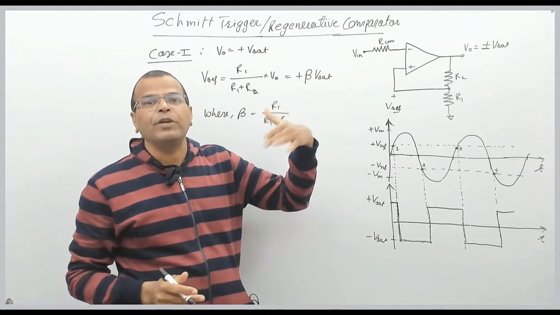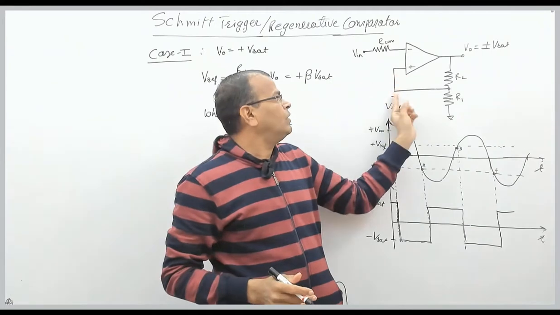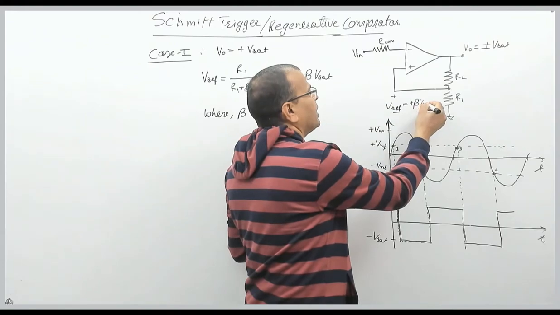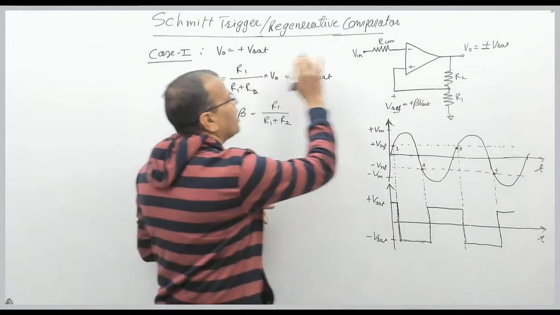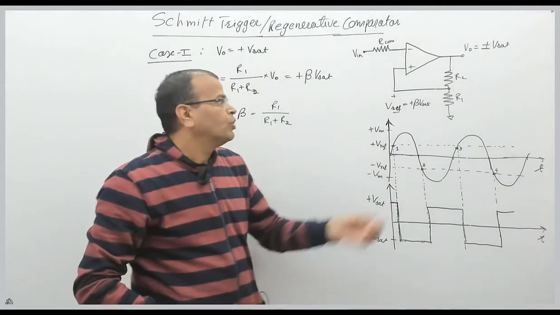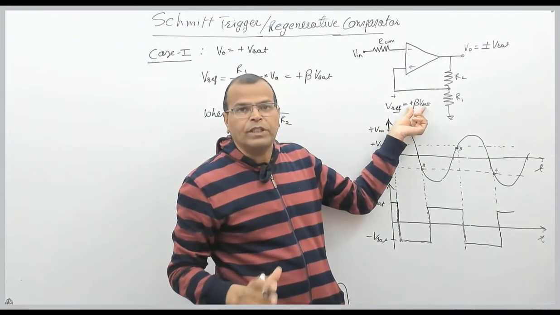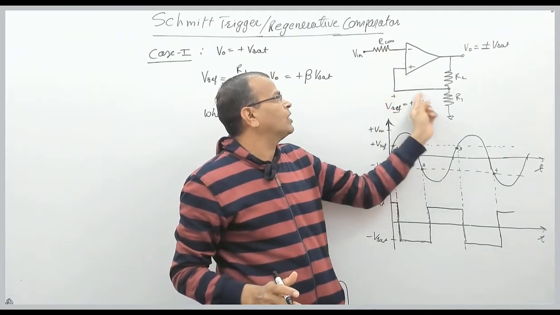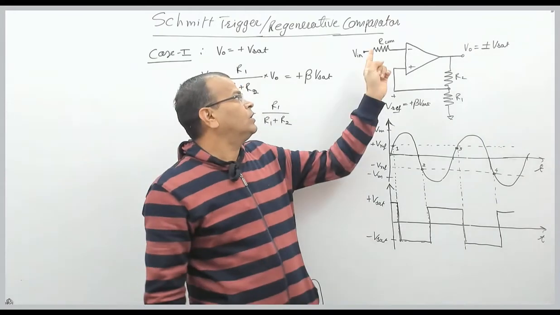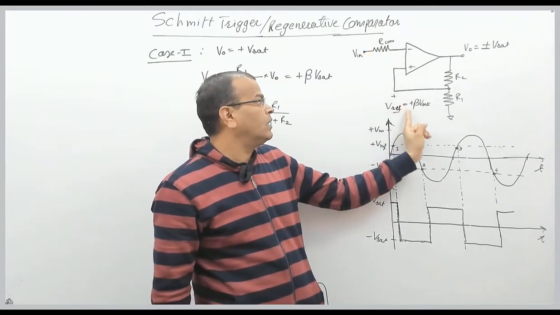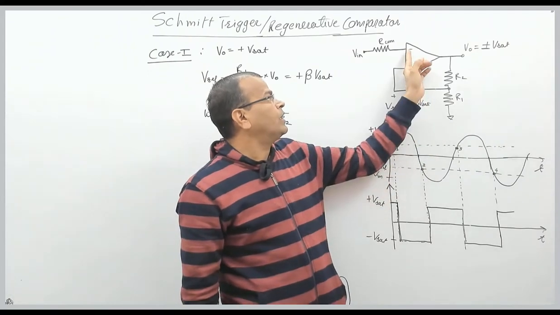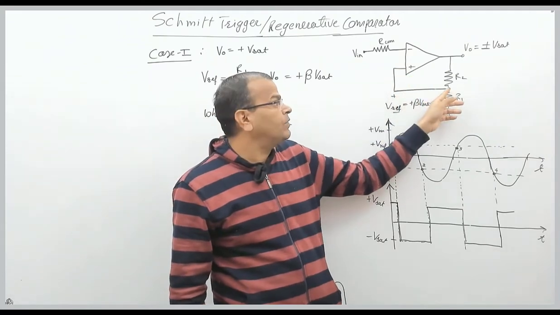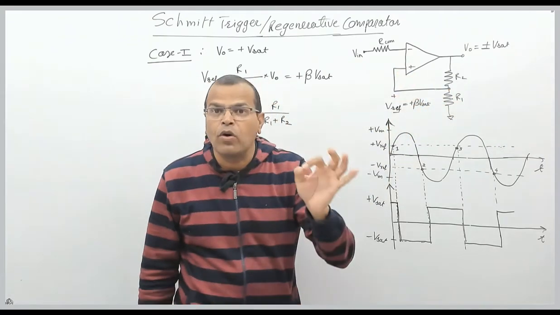Now suppose at a certain point of time, the voltage here is nothing but plus beta into Vsat, at the point of time when output is plus Vsat. So when this reference is plus beta into Vsat, the moment the input voltage becomes more than this reference voltage, the voltage at the inverting terminal is more than the voltage at the non-inverting terminal, because this feedback voltage is nothing but the voltage at the non-inverting terminal.